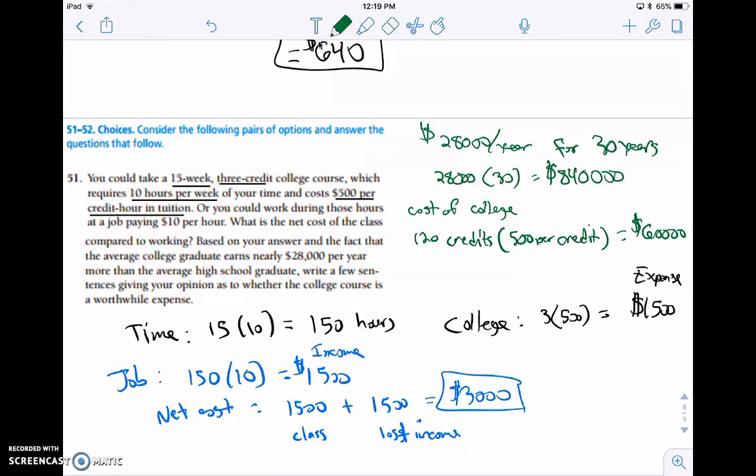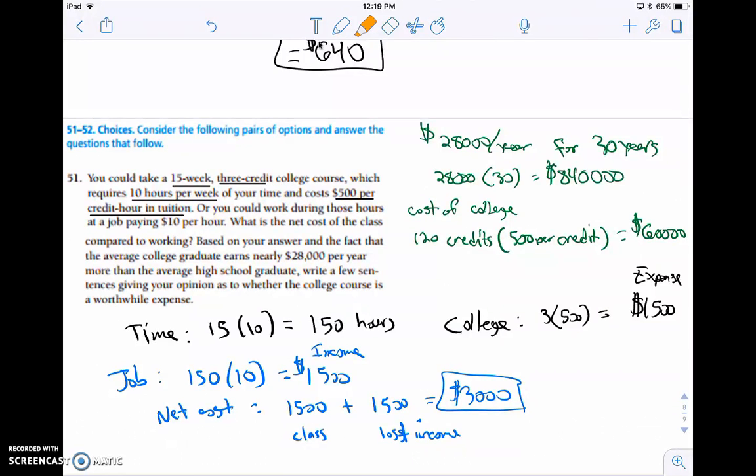So just for college alone, it's going to cost you about $60,000. And then, the time, you're going to lose some money there. So if you were working during that time rather than going to college, that would add to that net cost.